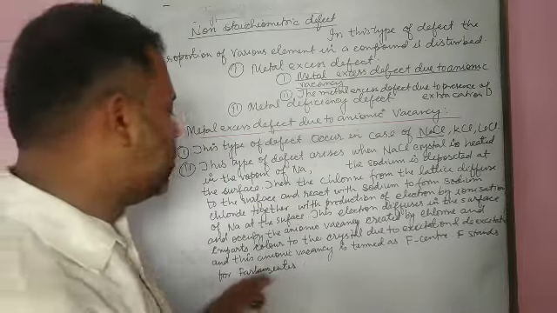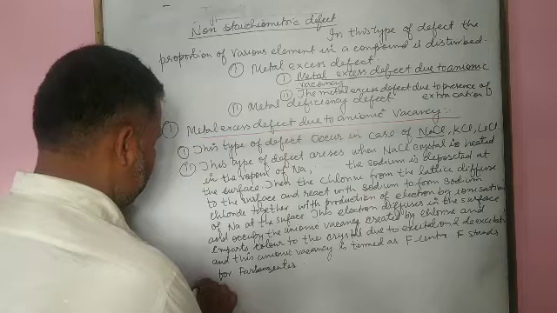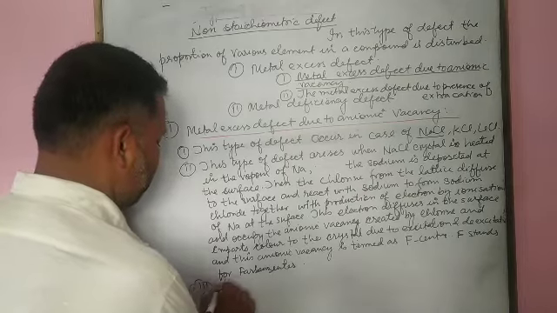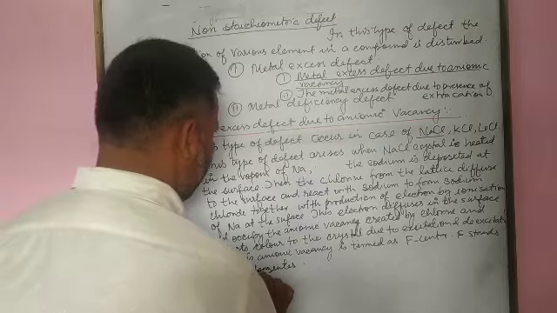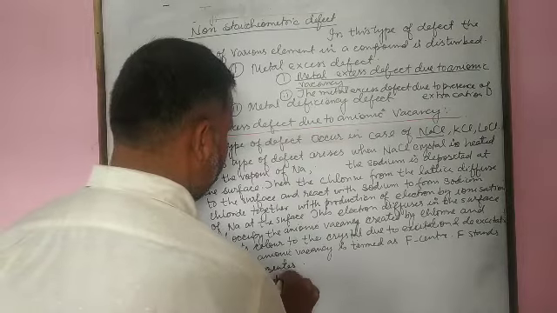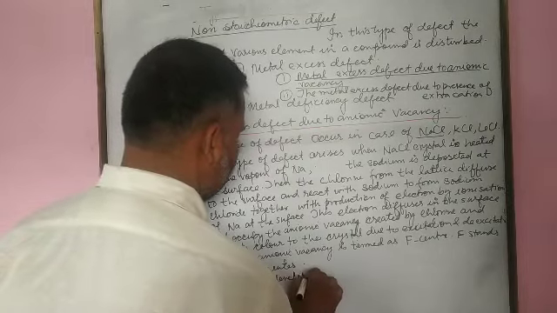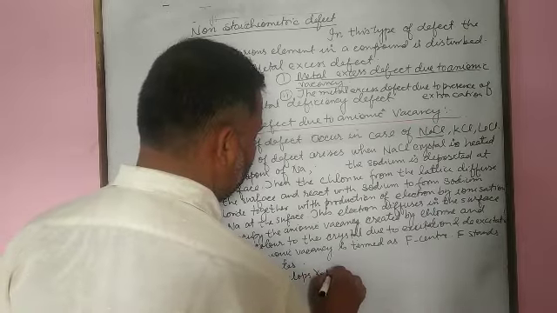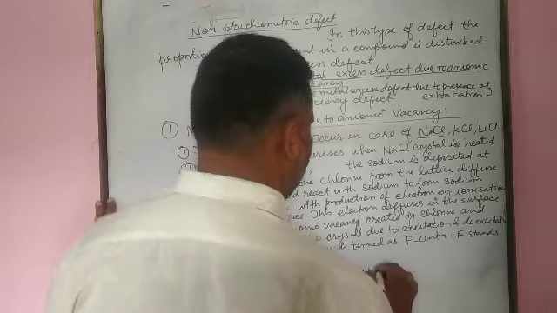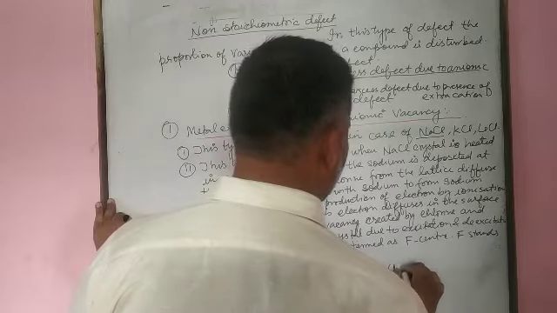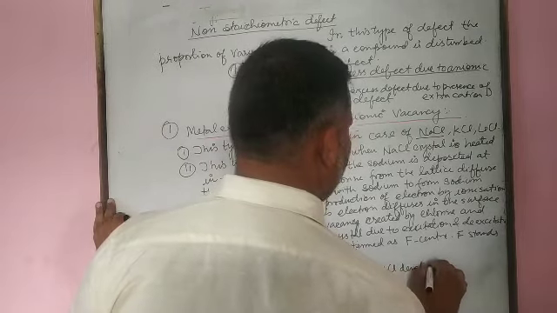And we have discussed the third point, that the sodium chloride develops yellow color, potassium chloride develops what?